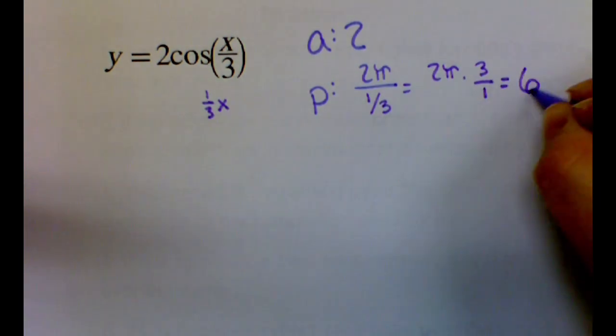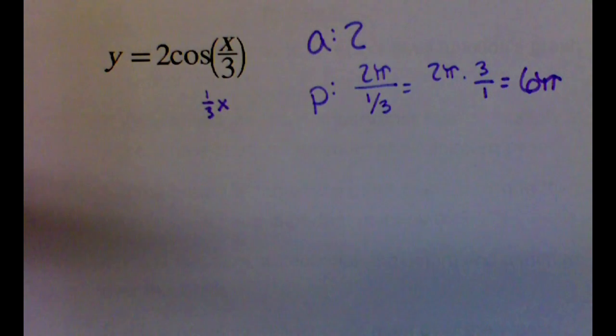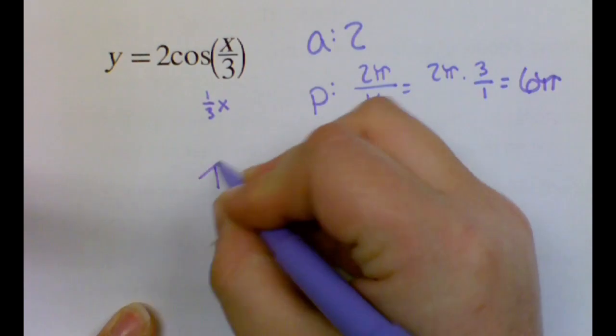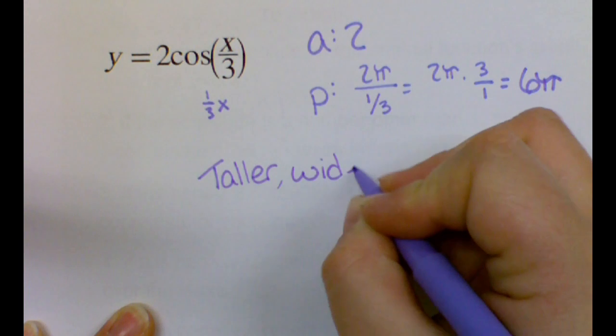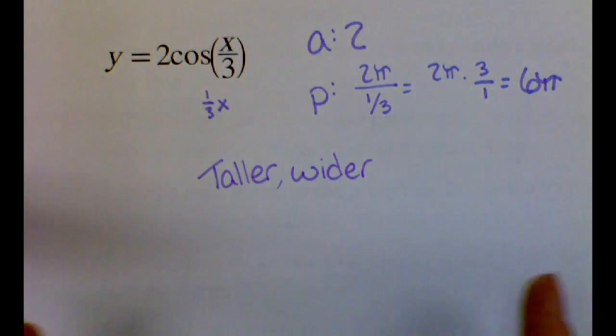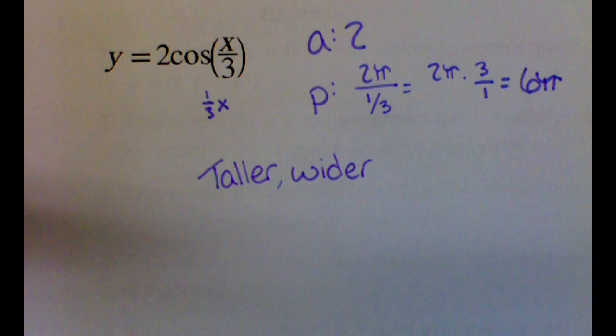So our period is 6 pi. So this function has an amplitude of 2 and a period of 6 pi, which means that it is taller than regular cosine, and it's also wider. It's wider because it takes it longer to repeat. So bigger period means wider graph.